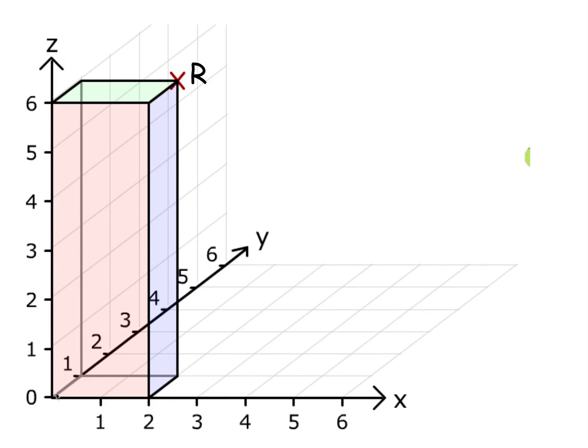So this cuboid has length 2 units here, width 1 unit, and the height is 6 units. So point R here is x coordinate 2, y coordinate into the board 1, and vertically the z coordinate 6. So that's the point 2, 1, 6.